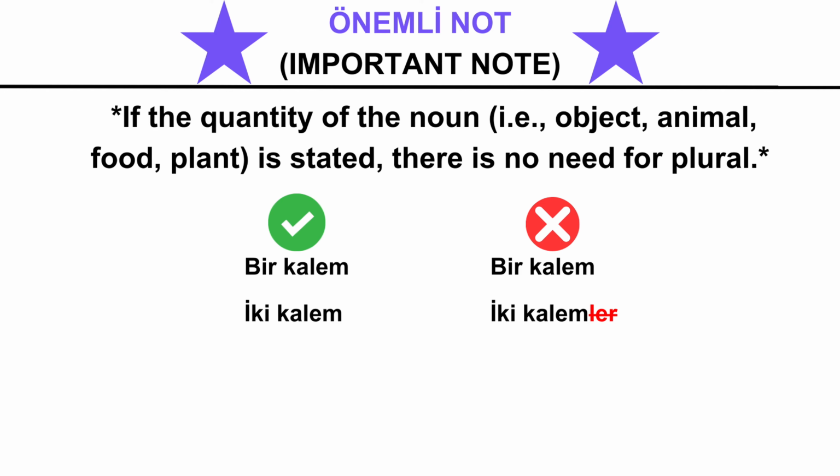That's all. I would like to move on to some examples, but before that, there is an important note. It is very important to know that if you state the quantity of the object, whatever noun we are dealing with, then we don't put the plural suffix. So when we say kalem, it can become kalemler, because we don't know how many pencils there are.